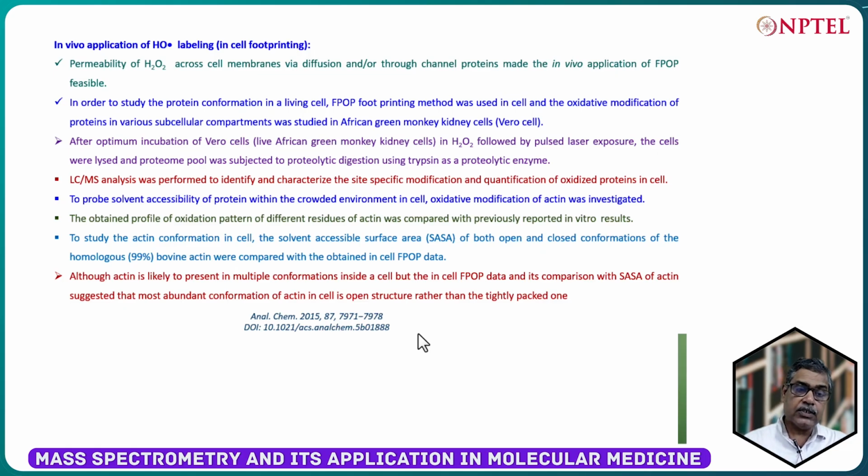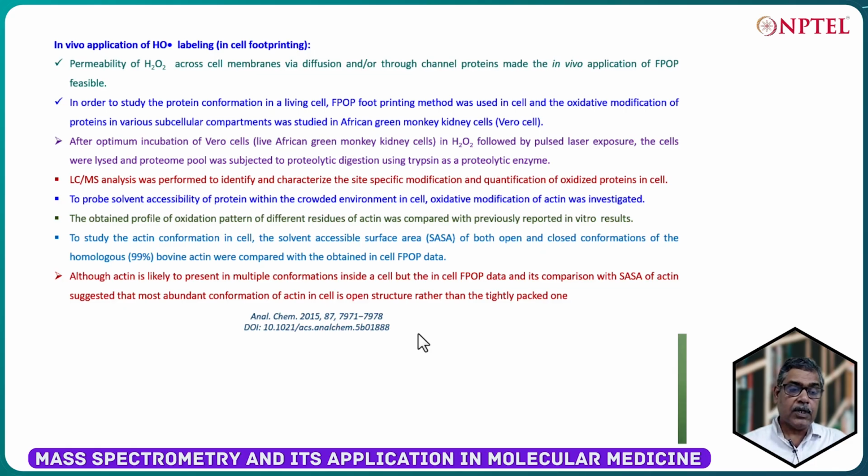Here also, same approach. For the study of actin conformation in cell, the solvent accessible surface area, which is called SASA, of both open and closed conformation of homologous bovine actin were compared with the obtained in-cell FPOP data.